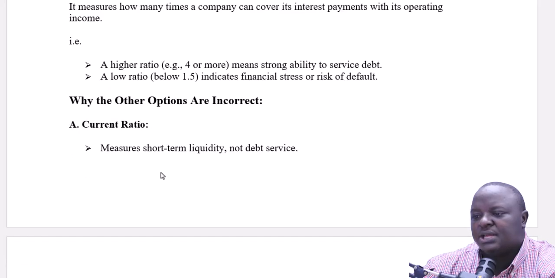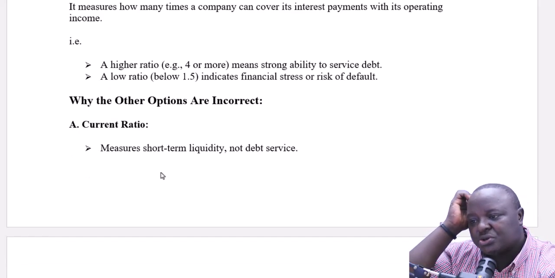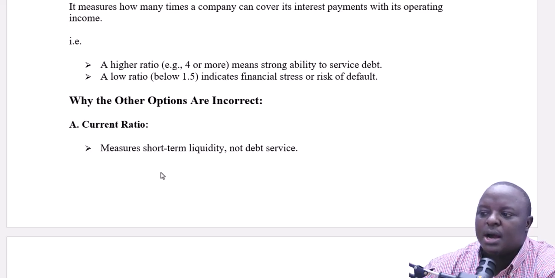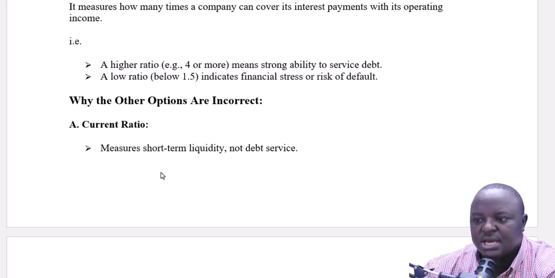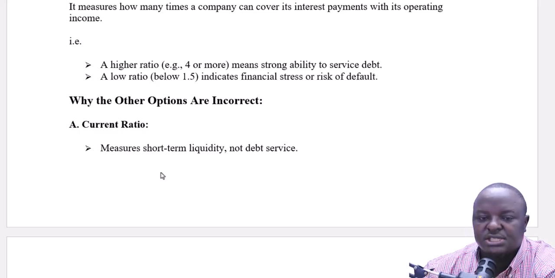If you get a higher ratio, 4 or even more, it means a strong ability to service debt. A lower ratio indicates financial stress or a risk of default on repayment of debts.